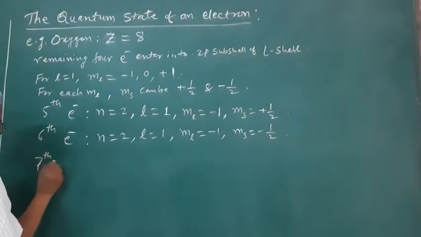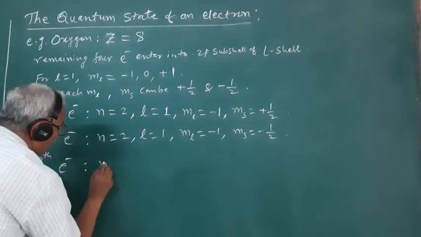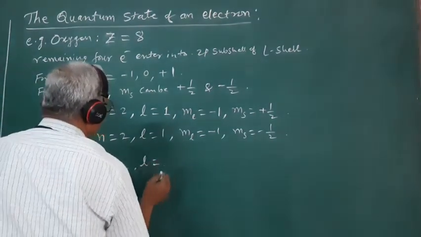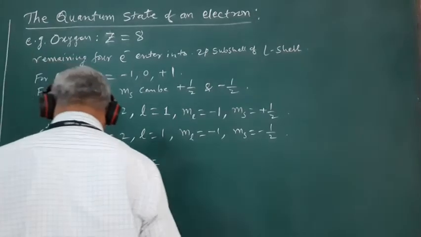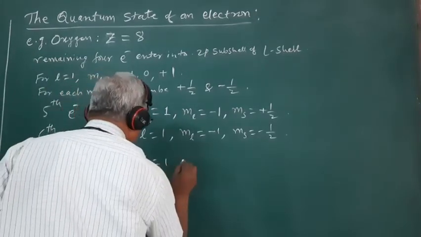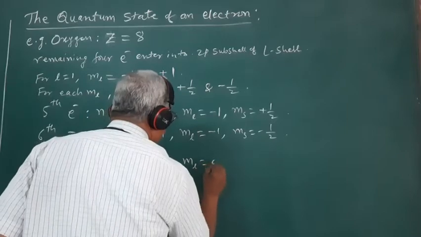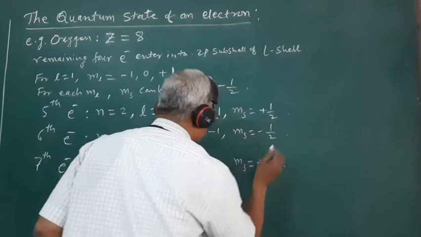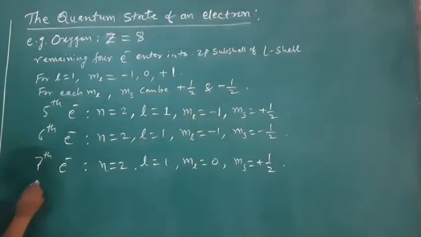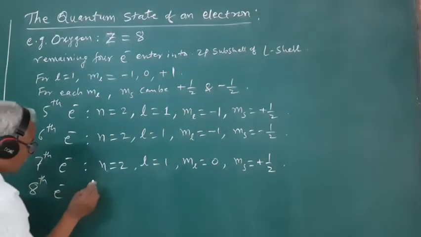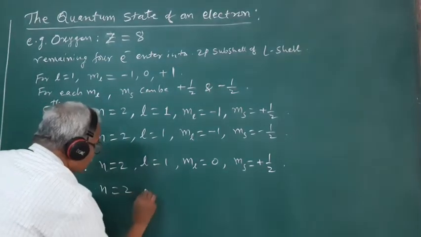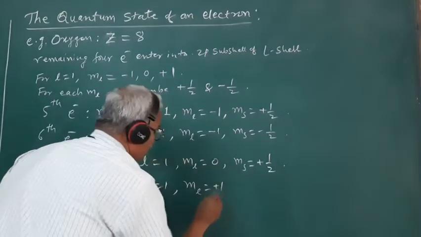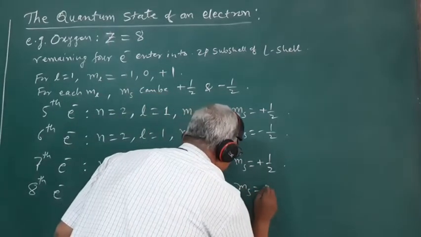Then for the seventh electron, n is equal to 2, l is equal to 1 only, ml is equal to 0 and ms is equal to +half. And for the eighth electron, n is 2, l is 1, ml is equal to +1 and ms is equal to +half.